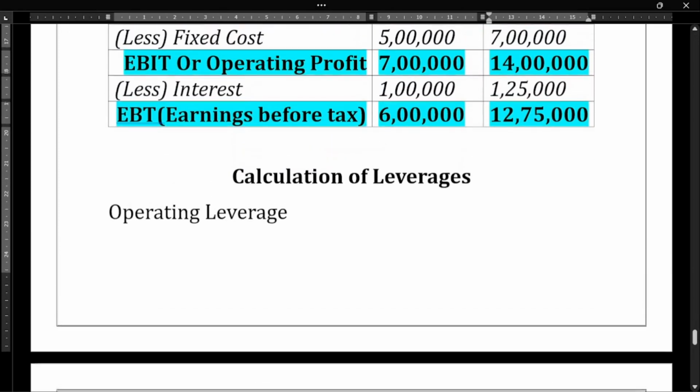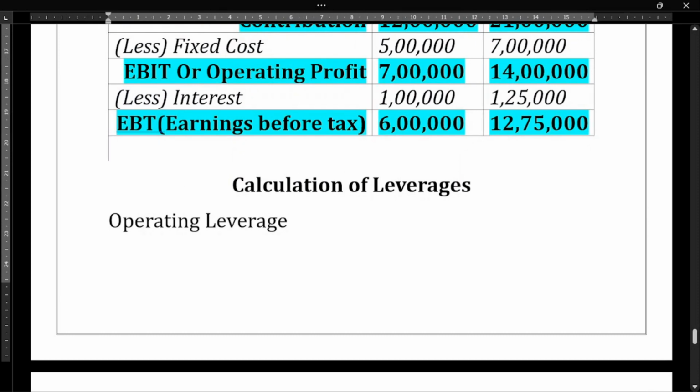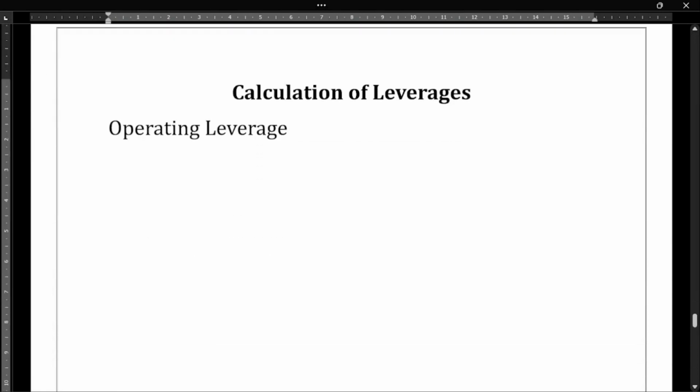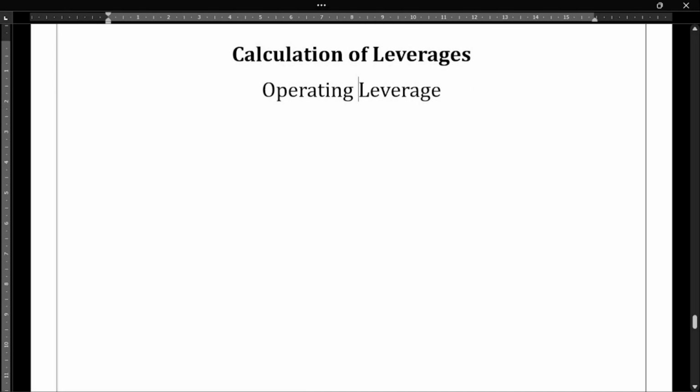Now, let us calculate the operating leverages. Both firm A as well as firm B we need to calculate.